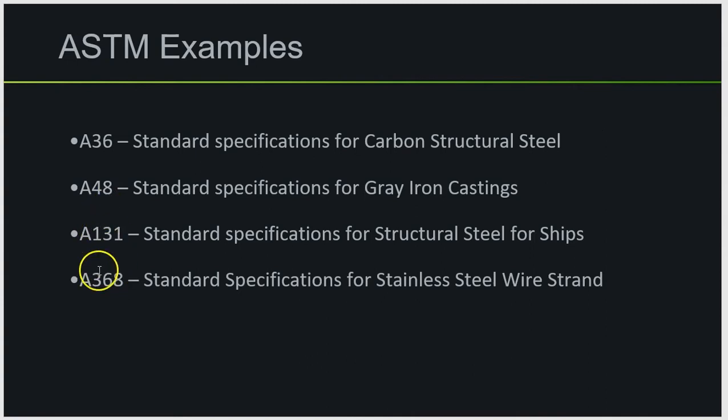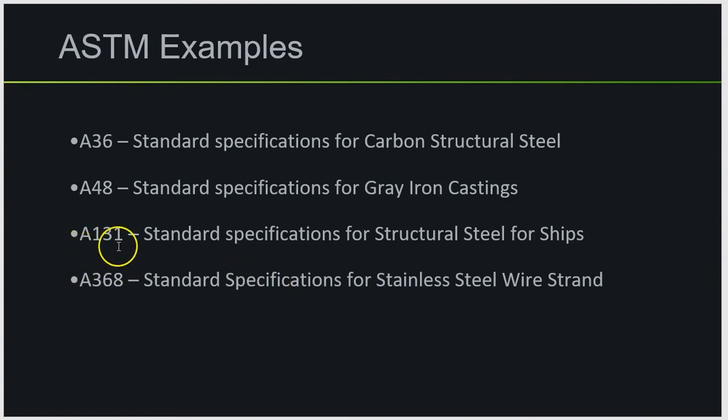The next three are just random three that I pulled out. So A48, if we were to flip the pages of the codebook until we get to A48, we would find all the information for gray iron castings. So basically cast iron and all the different ways that cast iron can be used, the tensile strength that is expected of that cast iron, and of course the chemical composition.